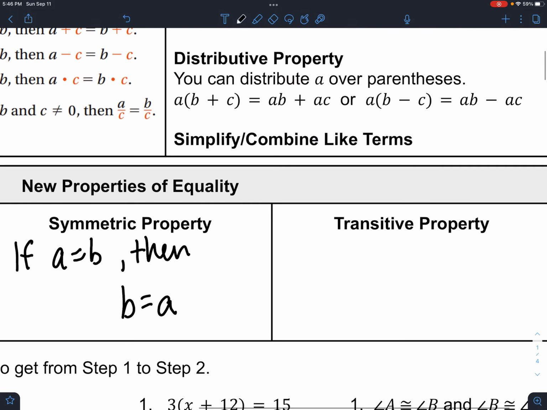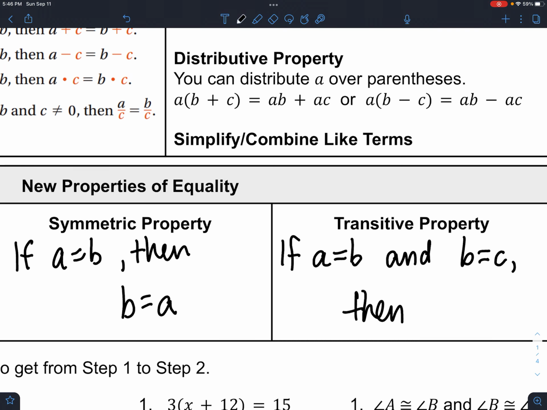And the transitive property is really big this year. If A is B and B is C, then A is C. It's kind of like cutting out the middleman. Okay? If I said like, all my friends have $12, and if you have $12, you can buy a pizza.